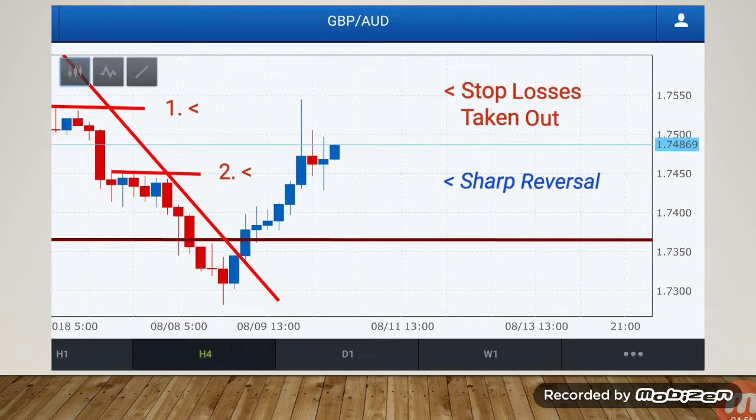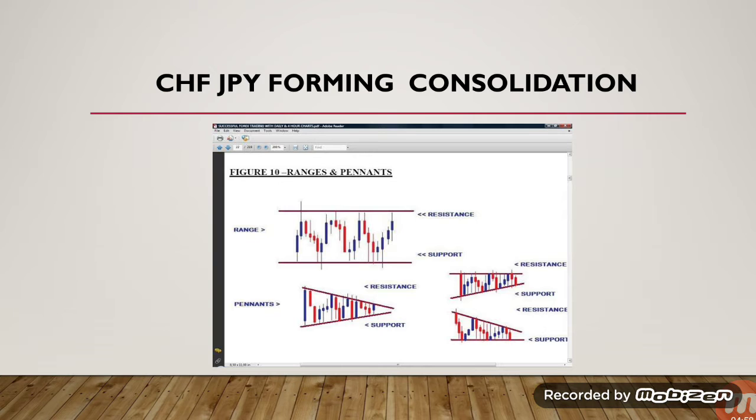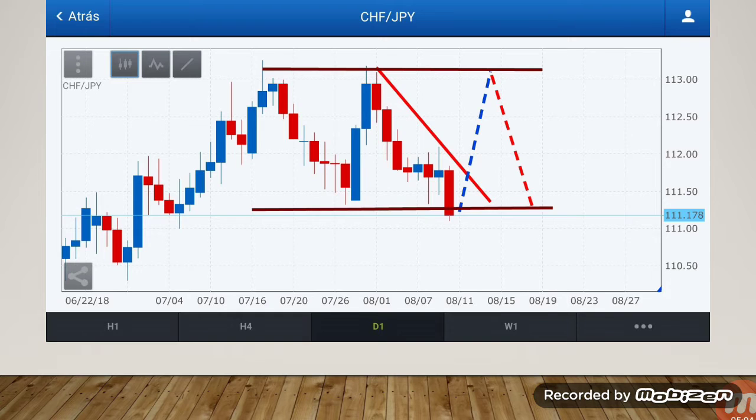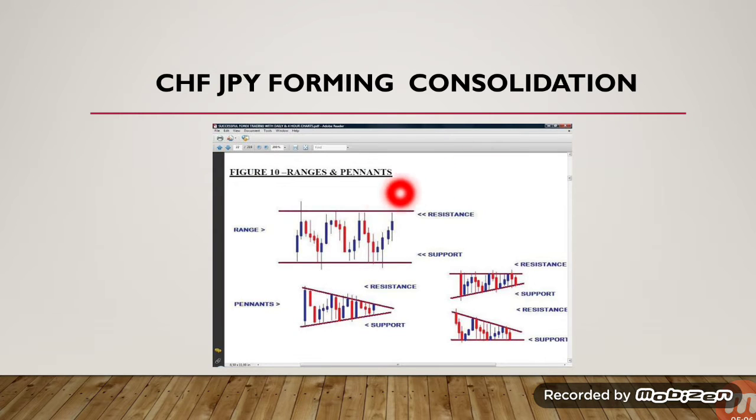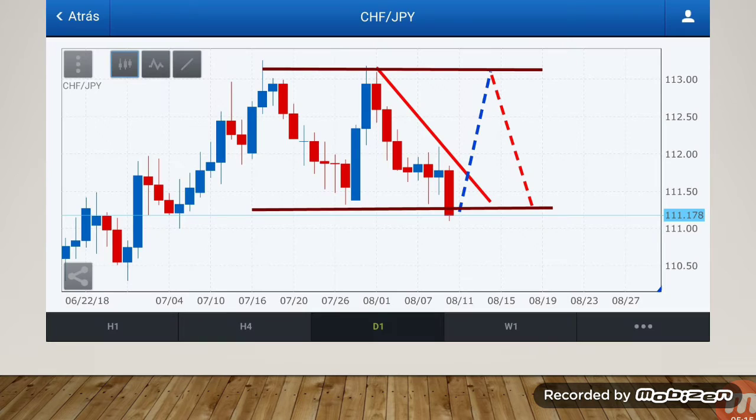Now moving on to the Swiss franc Japanese yen, which looks to be forming a consolidation setup. It looks to be forming a range consolidation setup, which is where the market forms sideways patterns that allow us to draw horizontal boundaries of resistance and support.